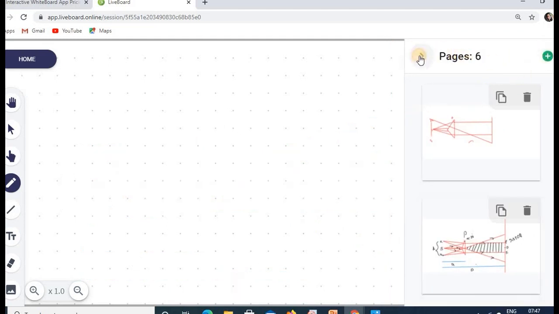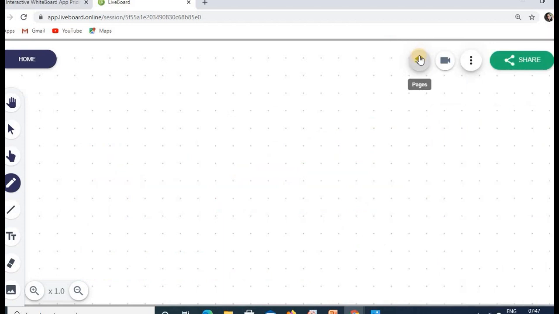Here we are going to discuss how we are going to obtain the wavelength of an unknown source of light using the Fresnel biprism arrangement.